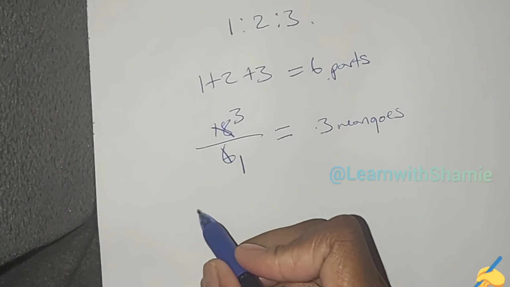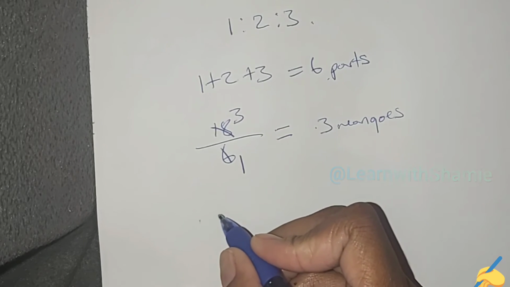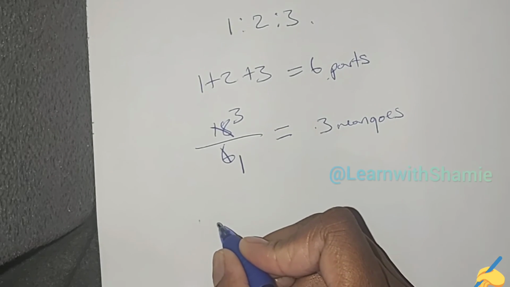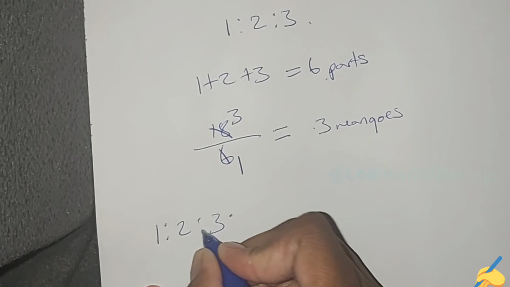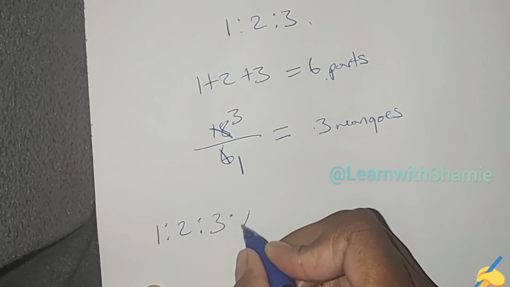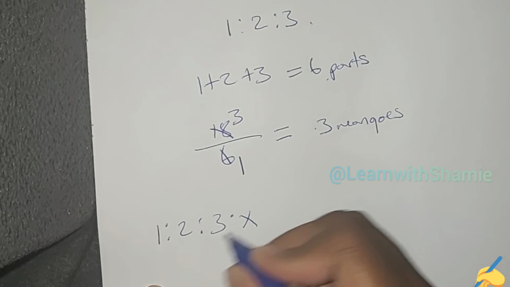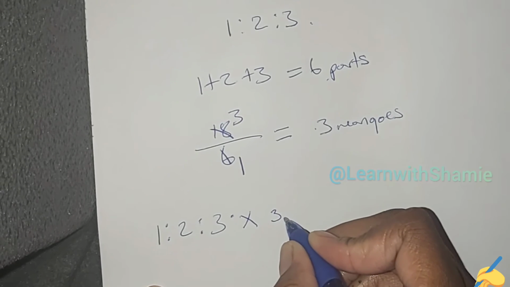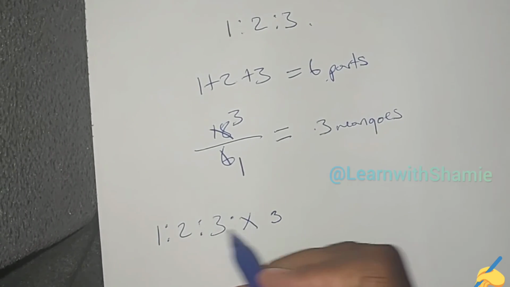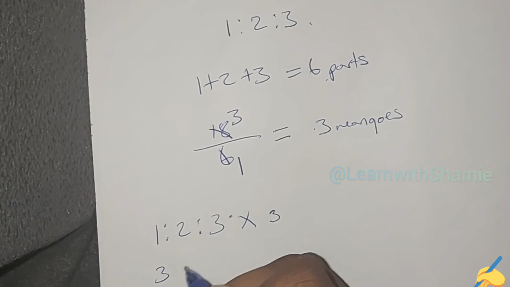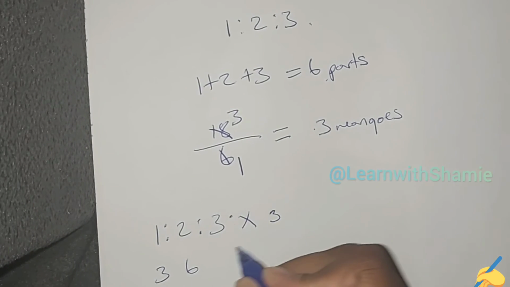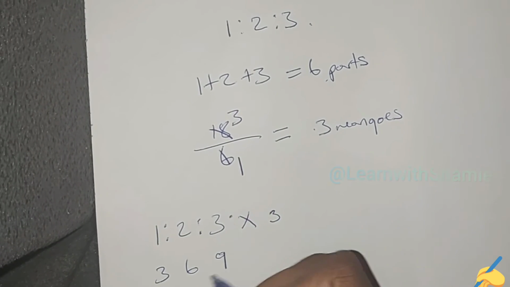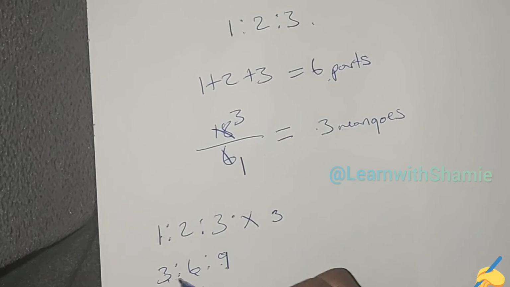The final step in calculating the ratio is that we're going to multiply the ratio 1 to 2 to 3 by the amount of mangoes each part is worth. So you say 3 times 1 is 3, 3 times 2 is 6, 3 times 3 is 9. So the ratio of mangoes would be 3 to 6 to 9.